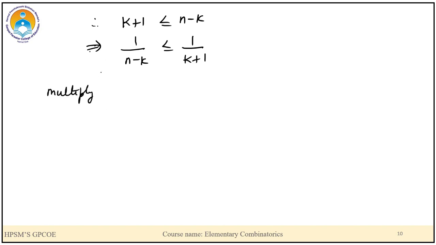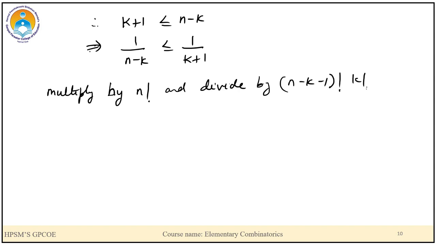Now, I will multiply the numerator by n factorial and the denominator by (n minus k minus 1) factorial times k factorial.